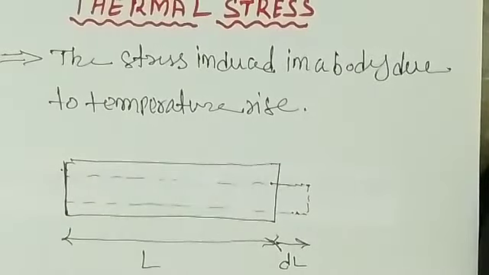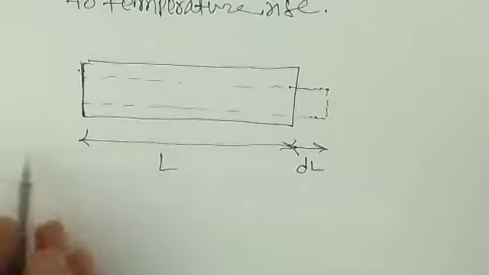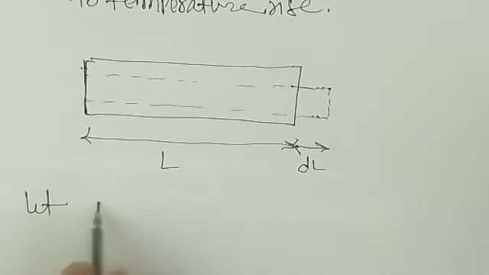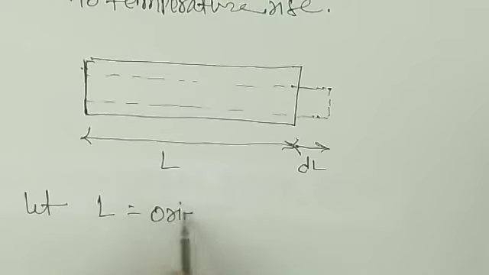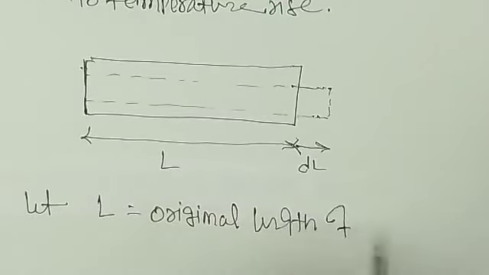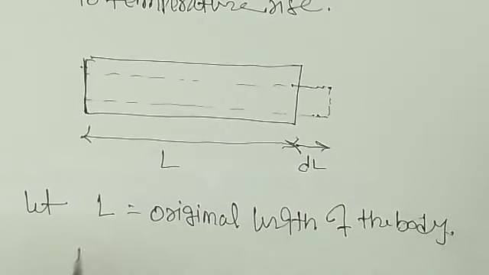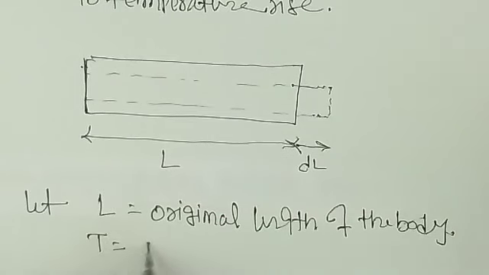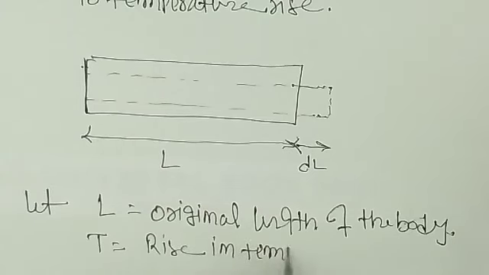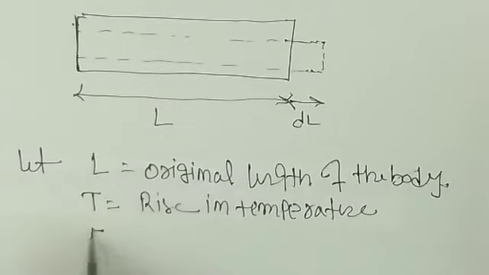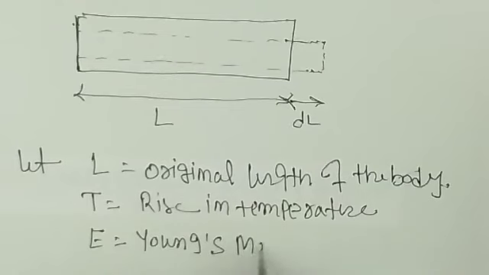Now you can write down the nomenclature. Let L be the original length of the bar element, the original length of the body. T is the rise in temperature, and E is the Young's modulus, or you can say modulus of elasticity.